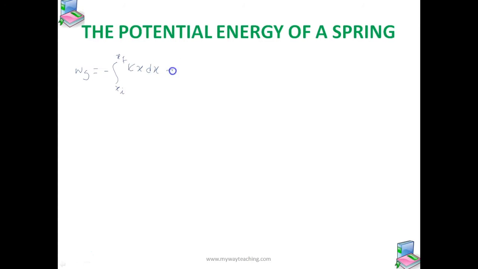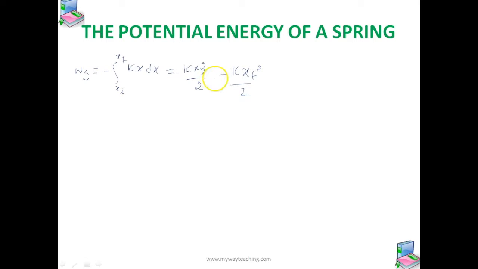That is nothing but kx square by 2, evaluated as kxi square by 2 minus kxf square by 2. Thus the work done by the spring force depends only on the endpoints.